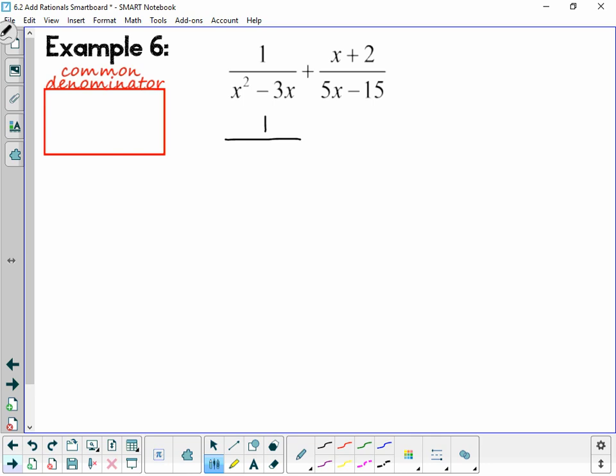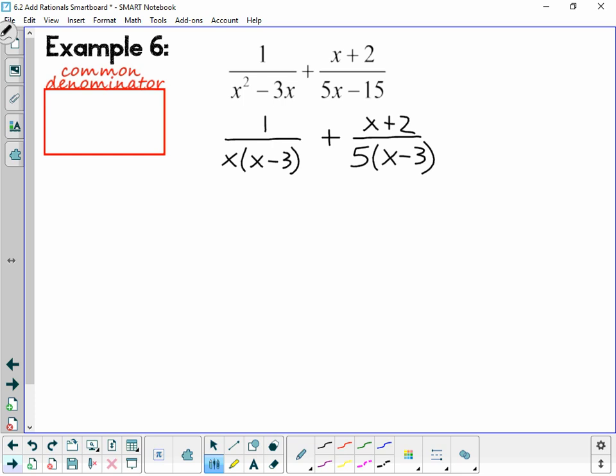X squared minus 3x has a common factor of x, and if we factor it out, it has a factor of x minus 3 there. Our second fraction in the denominator, if I factor it, it just has a common factor of 5. So if we factor that 5 out, we have an x minus 3.